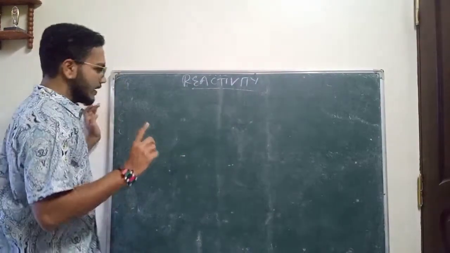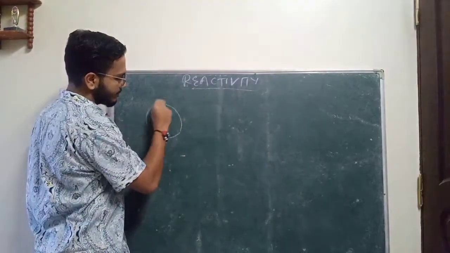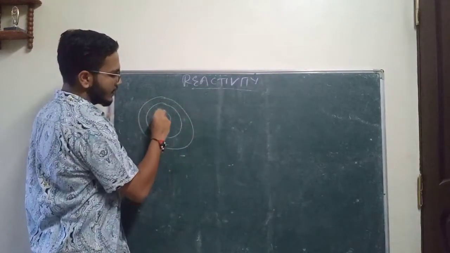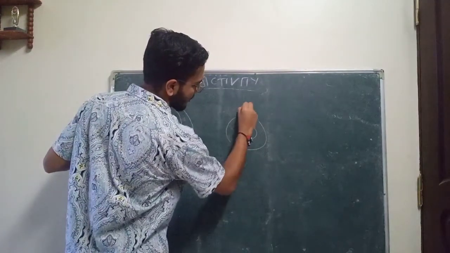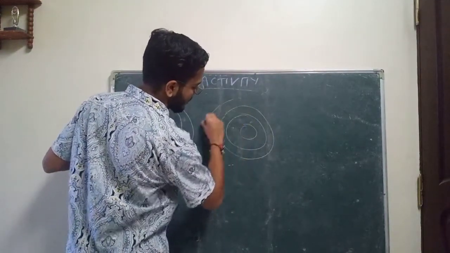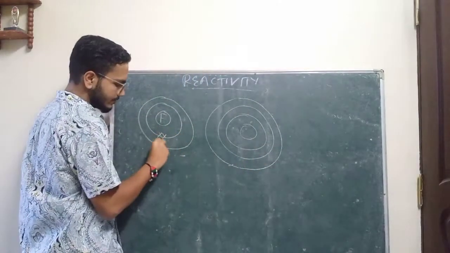Why? Understand this now. We have a fluorine atom here. This is a fluorine atom, and we have a chlorine atom here. This is 2,7.